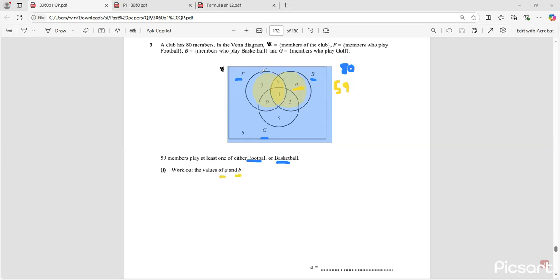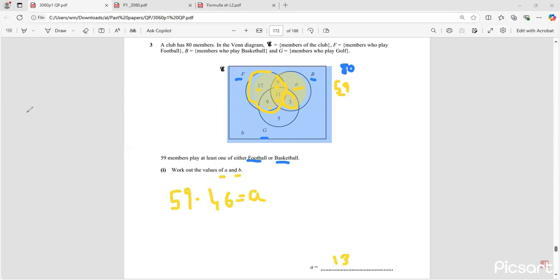We take 59 minus the total of these numbers: 17, 6, 9, and 11 make 20, 37, 46. So 59 minus 46 gives us the value of A, which is 13.